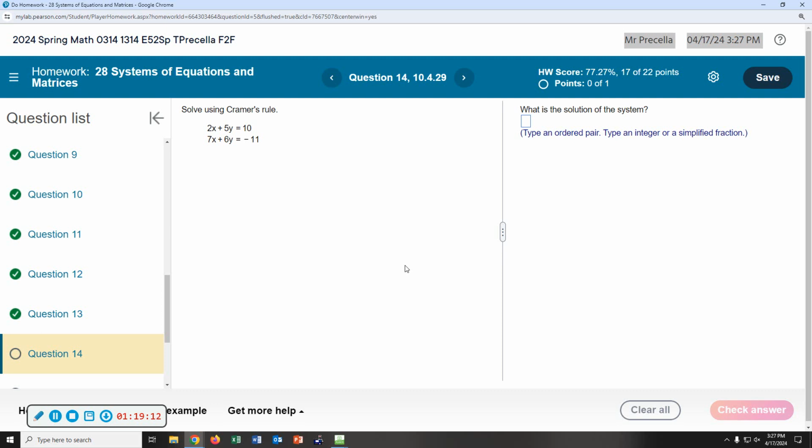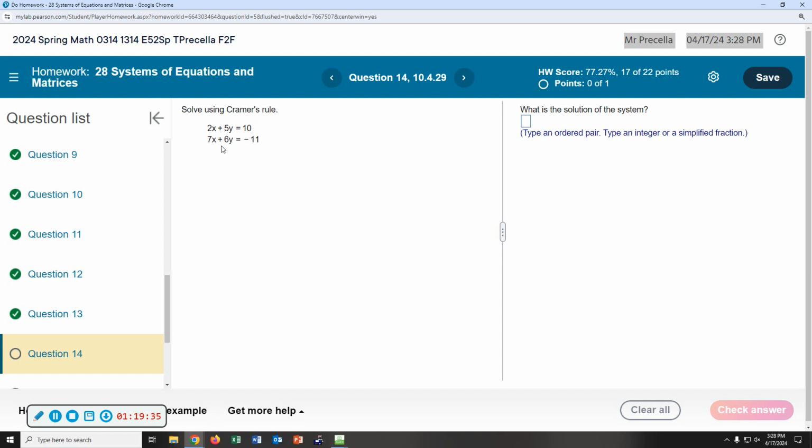Okay. Now suppose you're taking a test and you use elimination or substitution to solve the system. Am I going to know it? No, I won't know it. But as long as you get the right answer, what you have here are three techniques that you can use: elimination, substitution, or Cramer's rule.